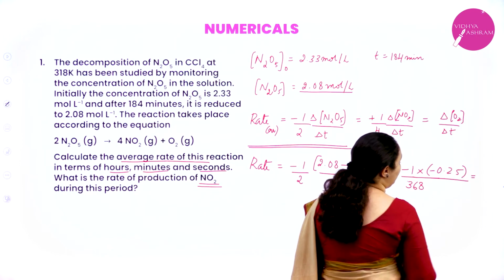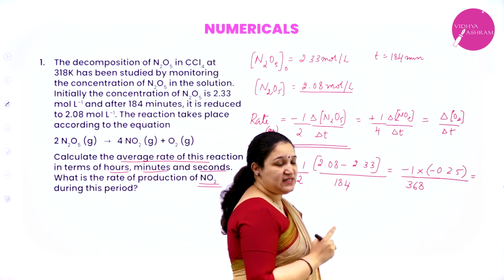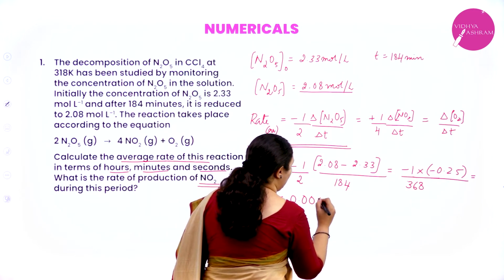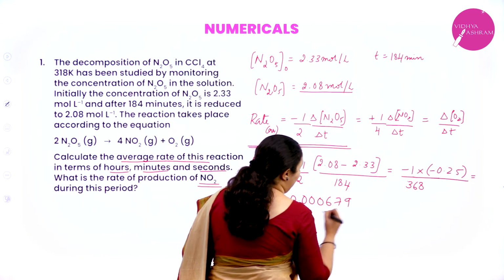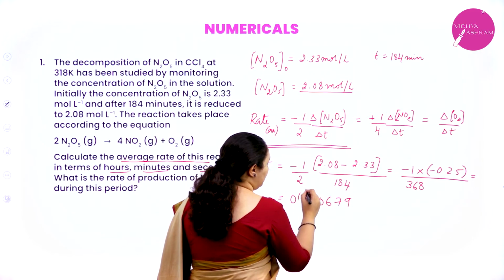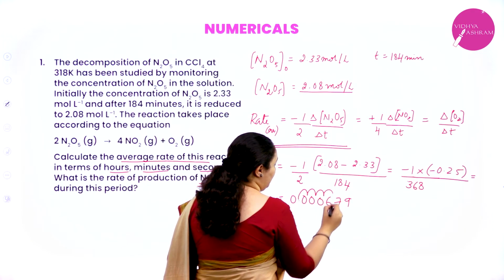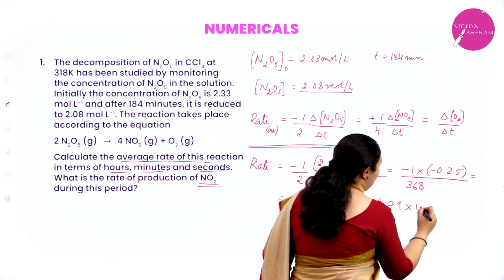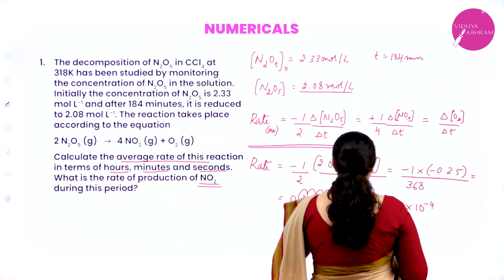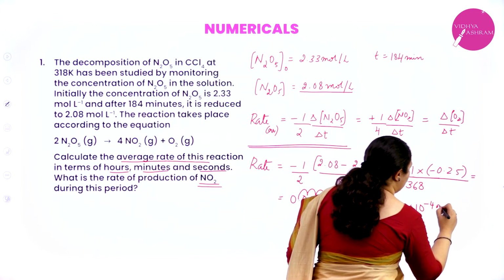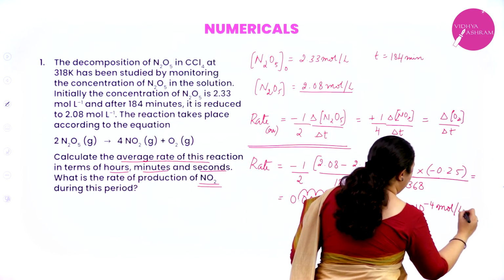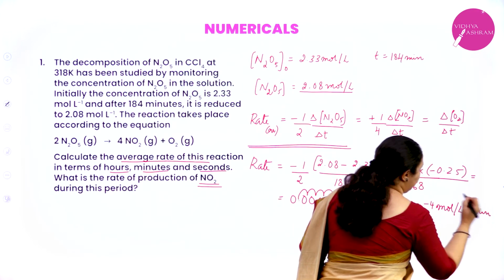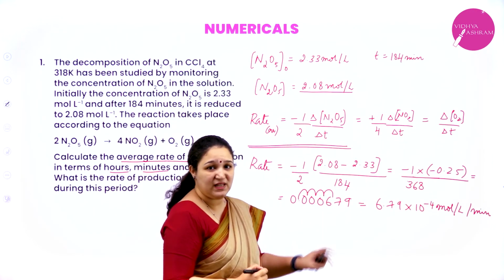So 0.25 divided by 368, I will get it as 0.000679. Now I have to move the point 1, 2, 3, 4. So this will be 6.79 into 10 to the power minus 4. What is this? This is mole per liter, and time is in minutes, so per minute.